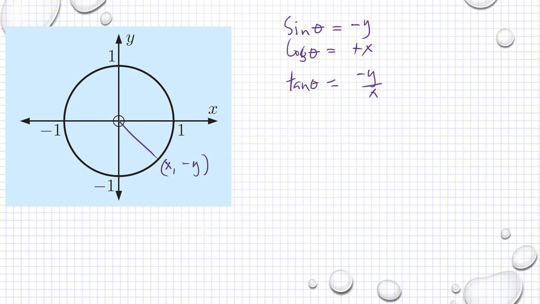So in the fourth quadrant, cosine is positive, but sine theta and tangent theta are negative.